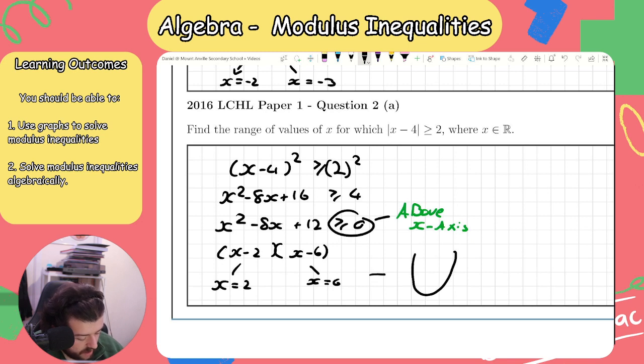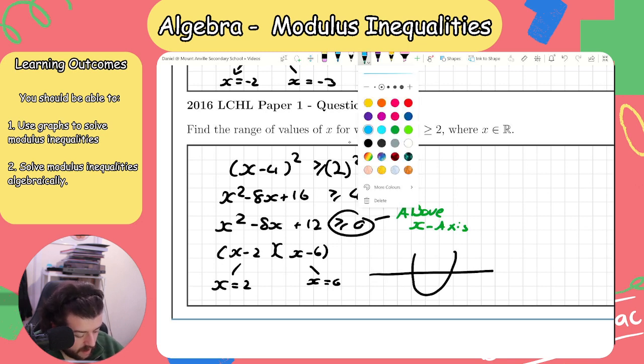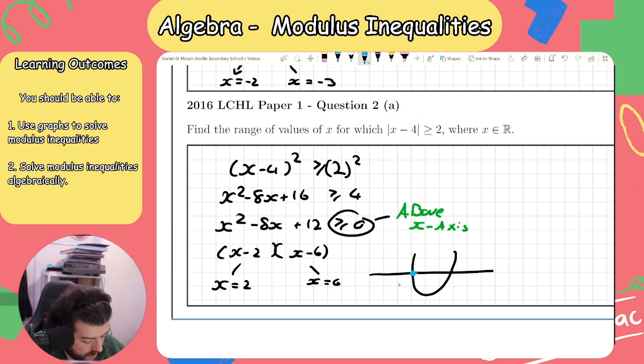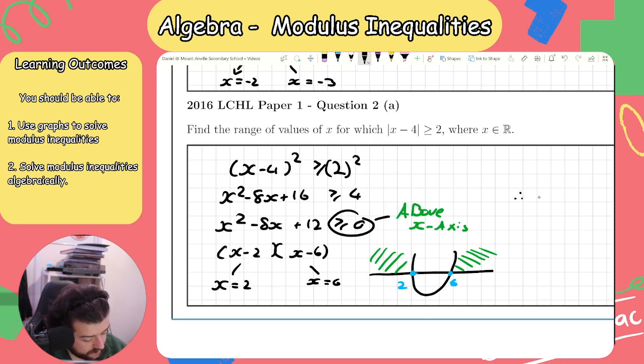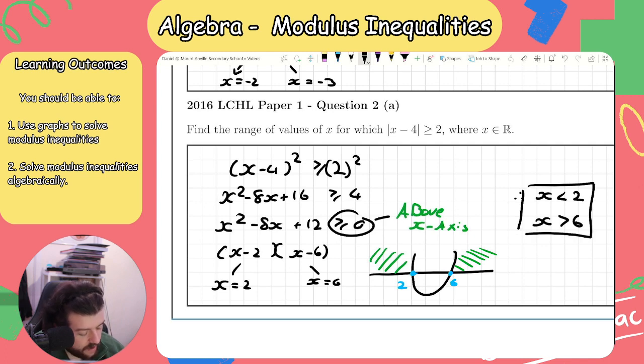So plot it out here like so. 2, 6, greater than. So x has to be less than or equal to 2, or x is going to be greater than or equal to 6, and that is my answer there.